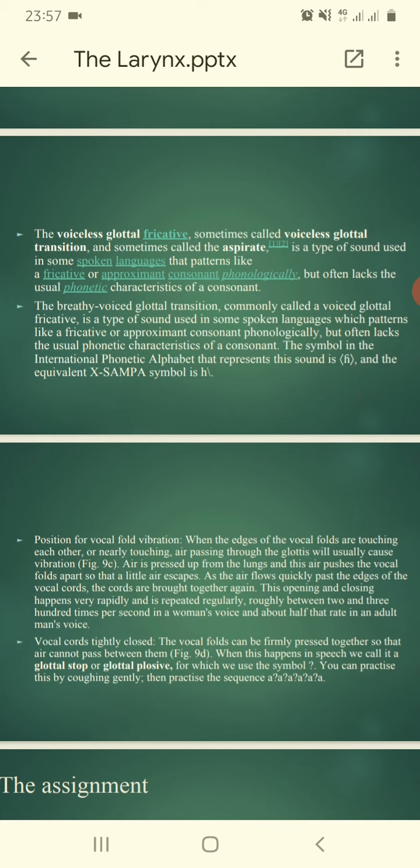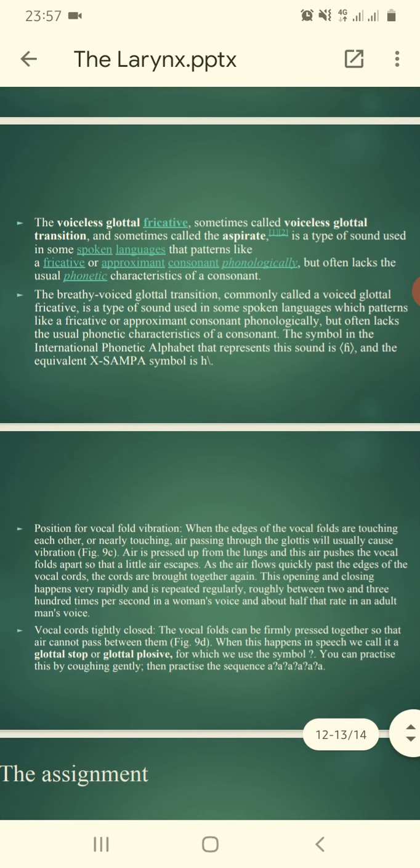The voiced glottal transition, commonly called a voiced glottal fricative, is a type of sound used in some spoken languages which patterns like a fricative or approximant consonant phonologically but often lacks the usual phonetic characteristics of a consonant. The symbol in the International Phonetic Alphabet that represents this sound is h, and the equivalent X-SAMPA symbol is h.